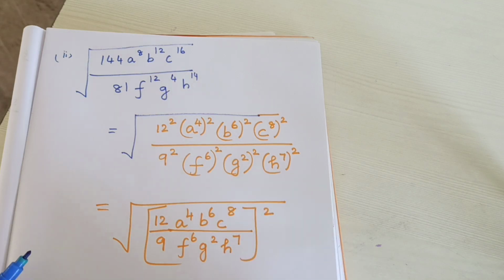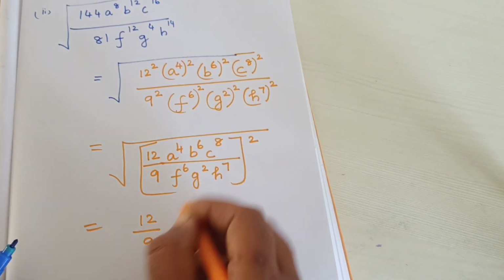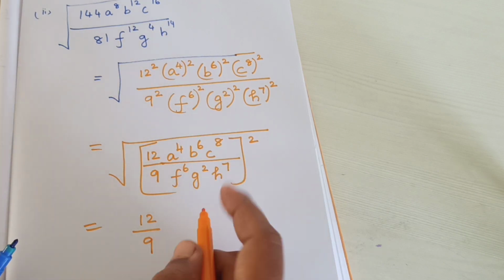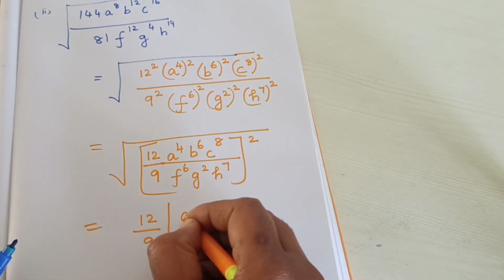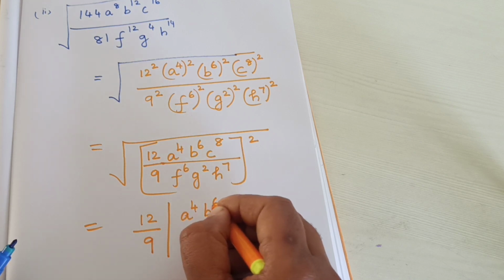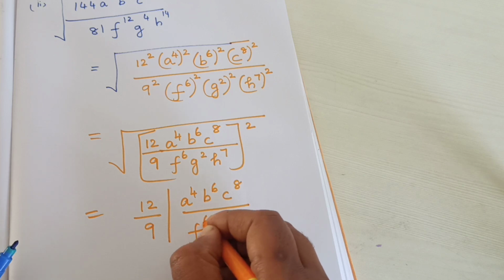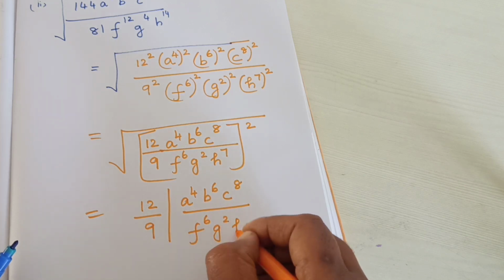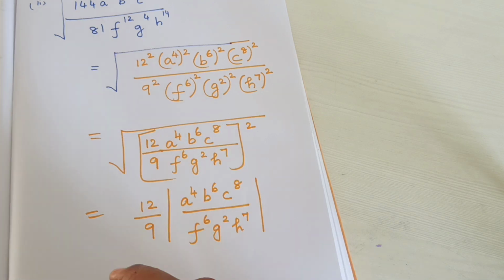Then this square and root get cancelled. What is the final answer? 12 by 9, and the numbers you can take outside. Letters inside the modulus you need to write: a^4, b^6, c^8 divided by f^6, g^2, h^7. That's the answer.